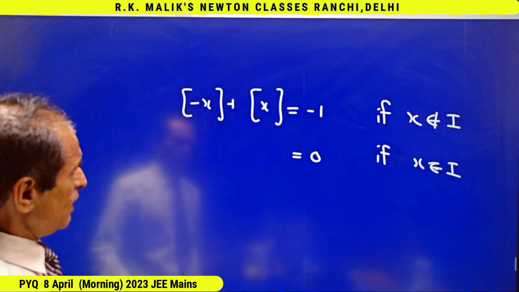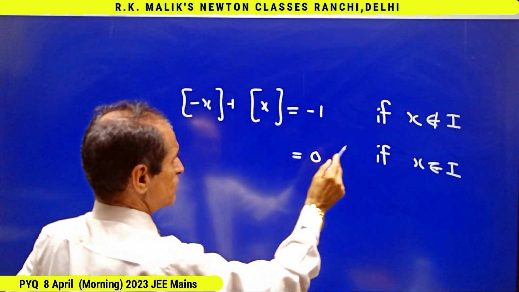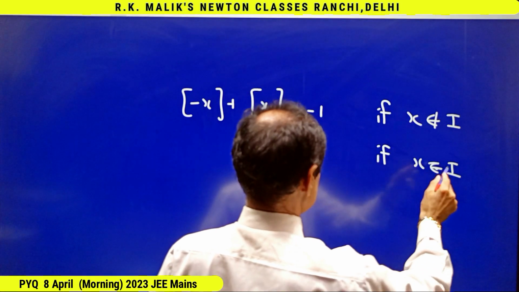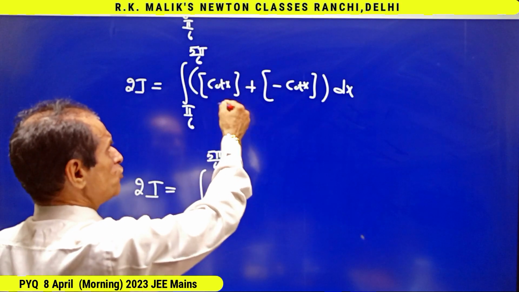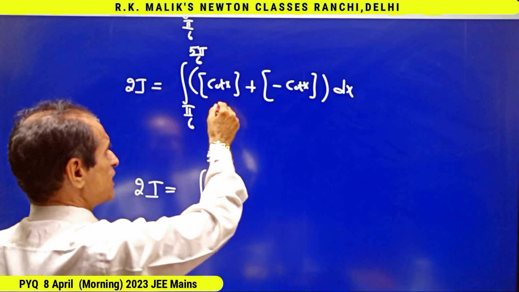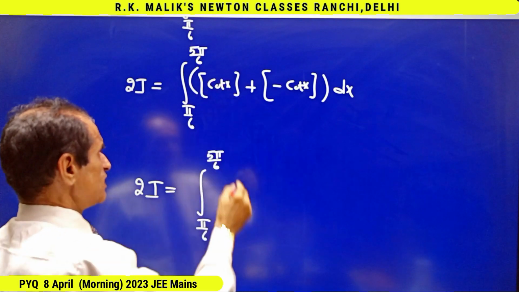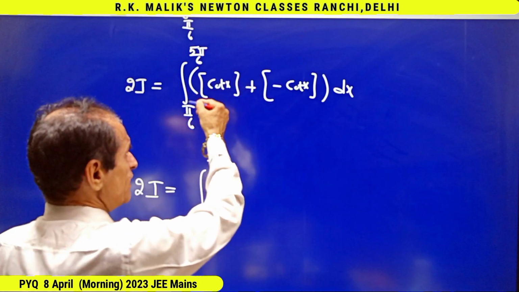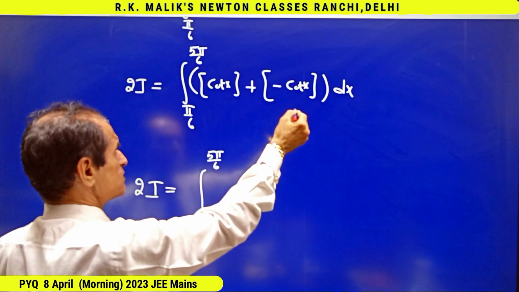And just now I told you the formula: box of minus x plus box of x is minus 1 if x is not an integer and 0 if x is an integer. Hence I can say the value of this will be usually minus 1 except at those values of x for which cot x is an integer. In other words, usually it is minus 1 except at some discrete points.